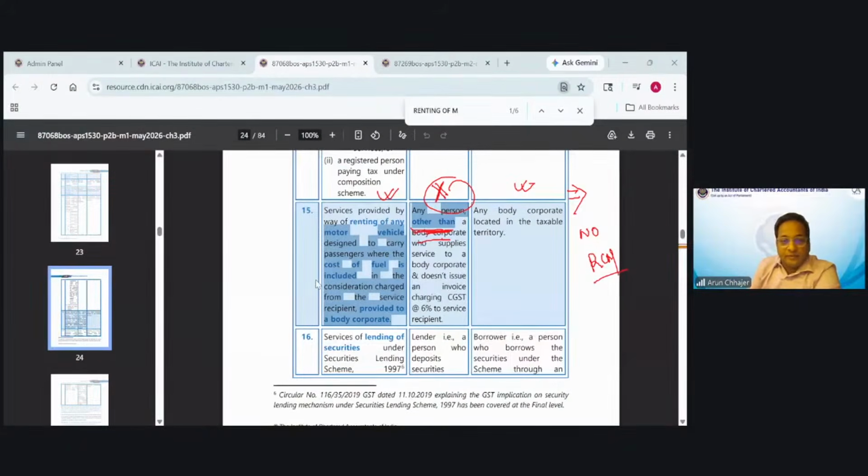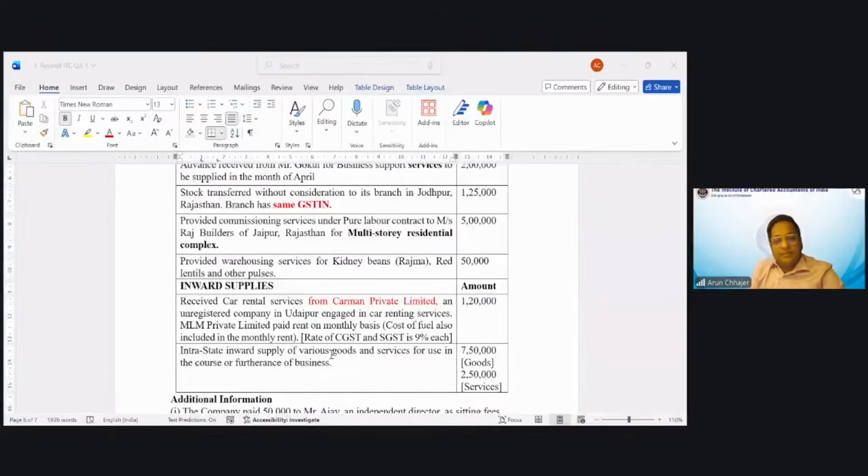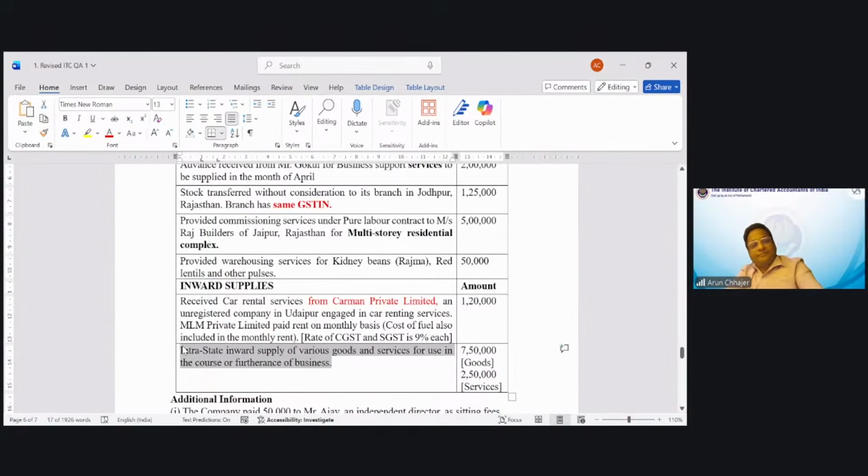So good. Now you can say that it is an intrastate supply of goods and services in the course or furtherance of business. 750 is the goods and 250 is the service.